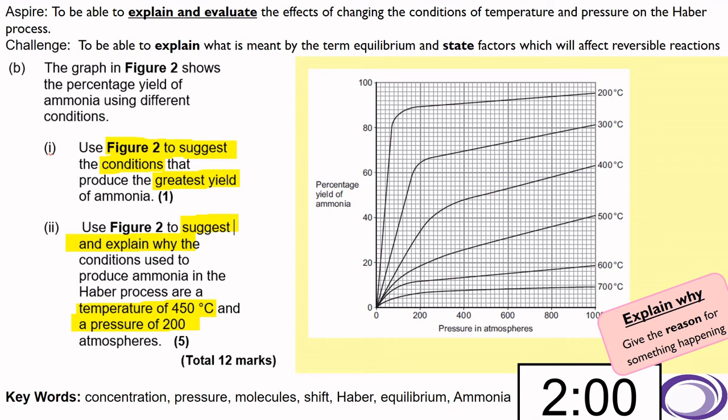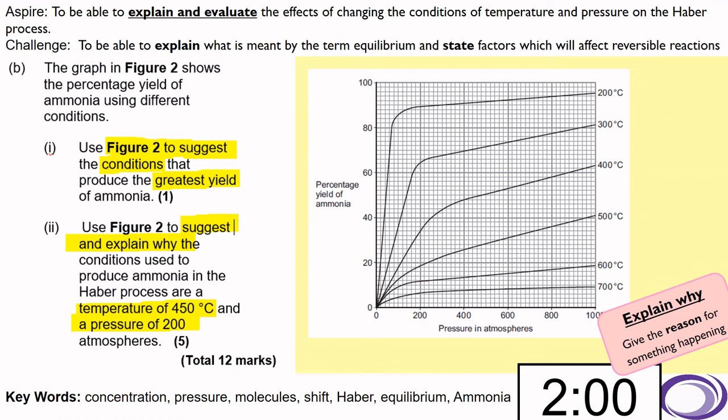So the next question. The graph in figure 2, which is to the right, shows the percentage yield of ammonia using different conditions. The first thing they want you to do is to use figure 2 to suggest the conditions that produce the greatest yield of ammonia. Then they'd like you to use figure 2 to suggest and explain why the conditions used to produce ammonia in the Haber process are a temperature of 450 degrees C and a pressure of 200 atmospheres.